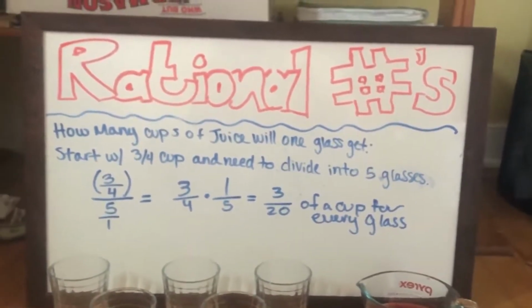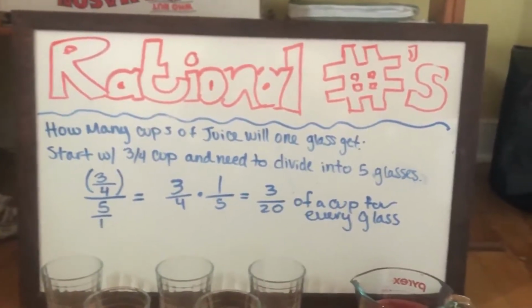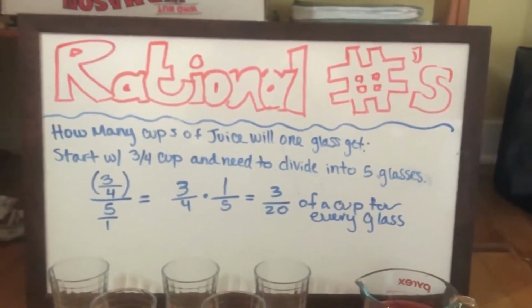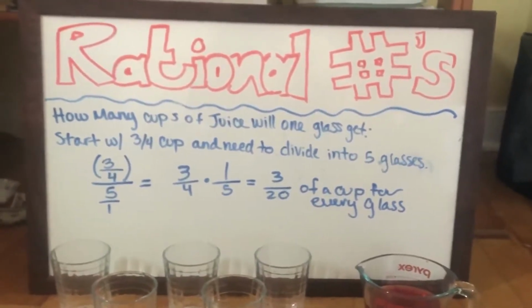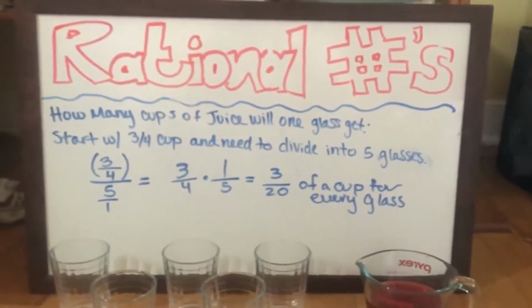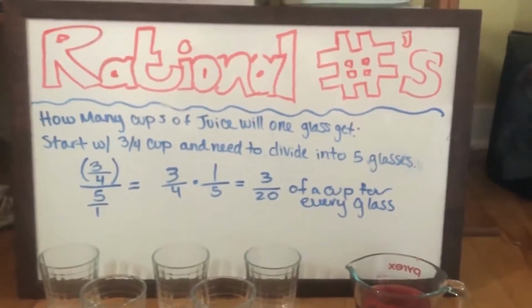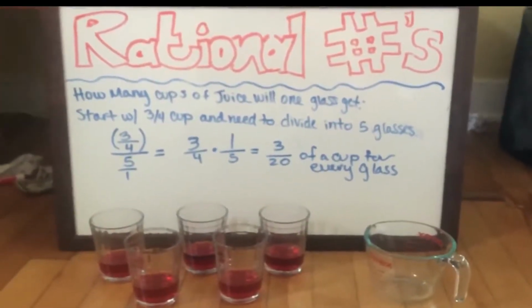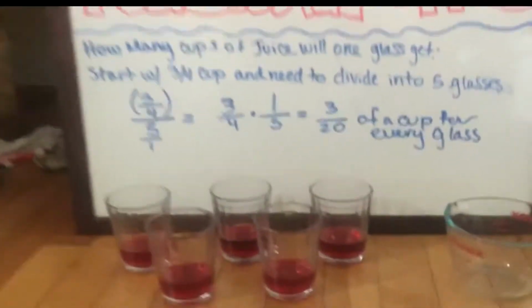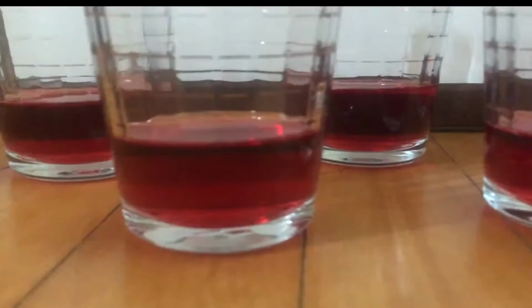So when we multiply the numerators, 3 times 1 equals 3, and multiply the denominators, 4 times 5 equals 20, we get 3/20 of a cup of juice for every glass. We have separated 3/4 cup evenly into 5 glasses, so that is the equivalent of 3/20 of a cup.